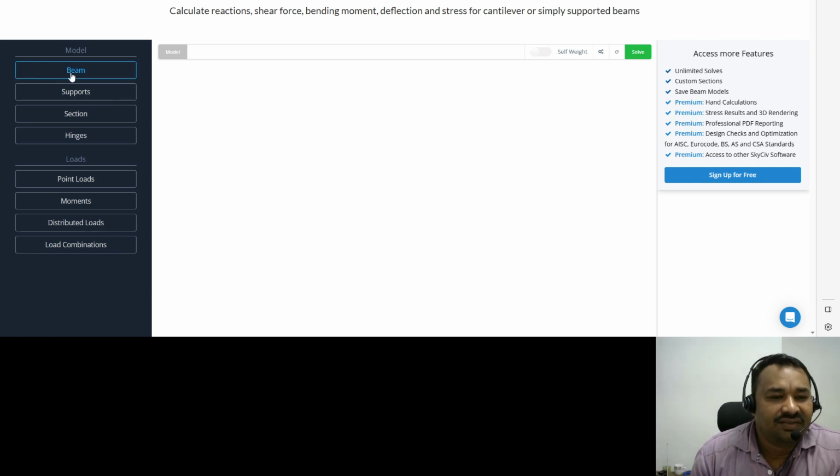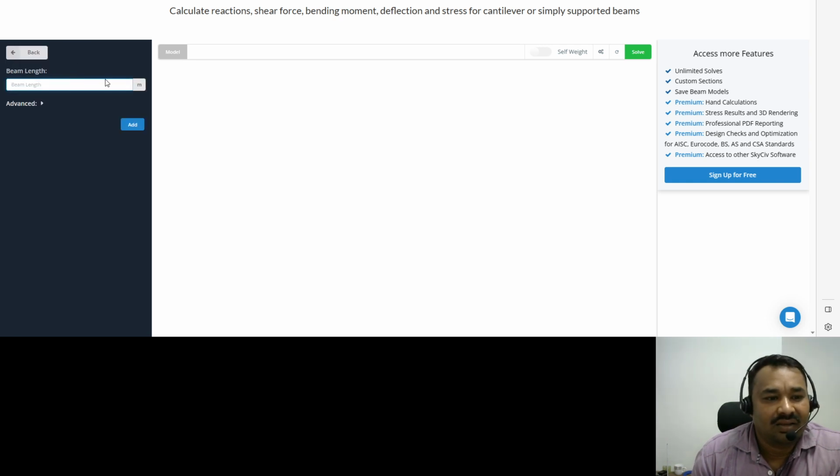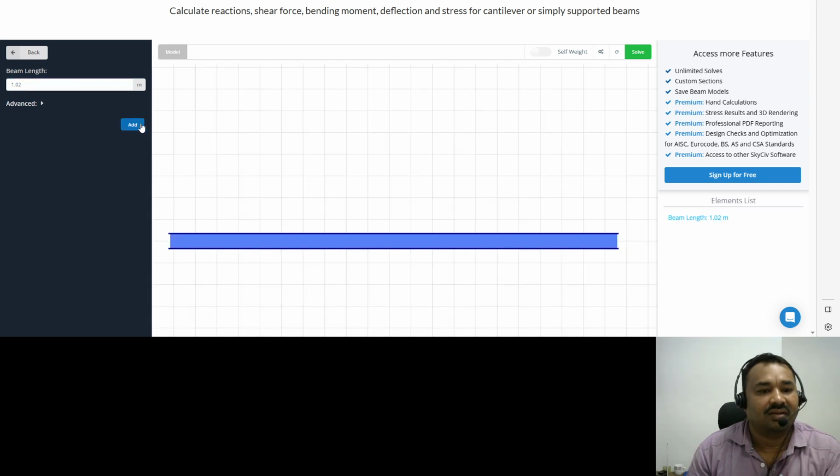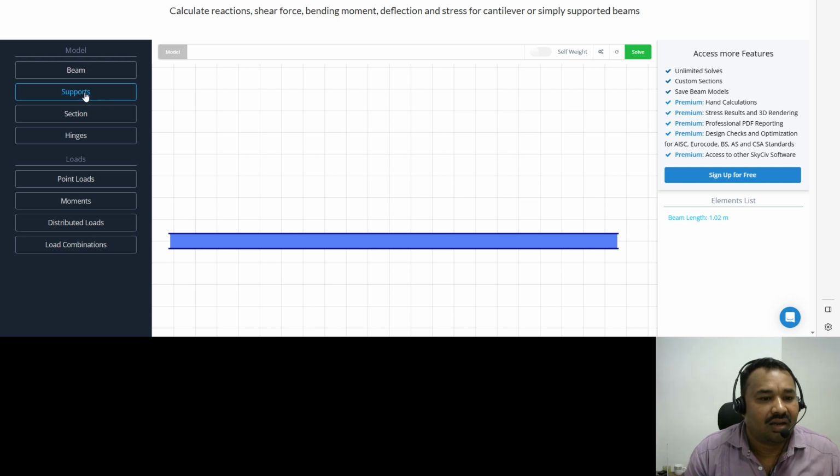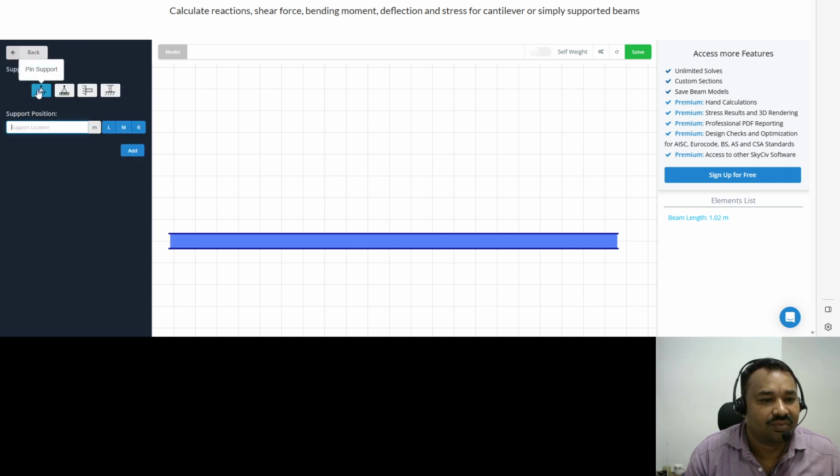Now we are considering the beam here. This is an online beam calculator, and suppose I am taking 1.02 meter as our beam length. Supports are which kind of supports?